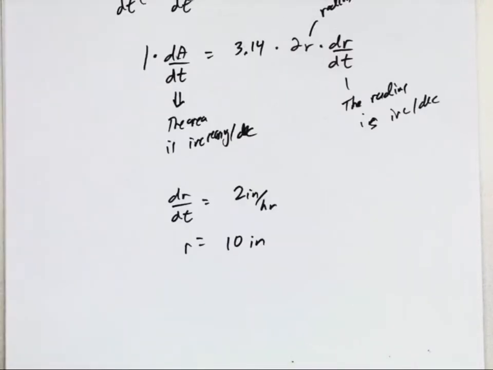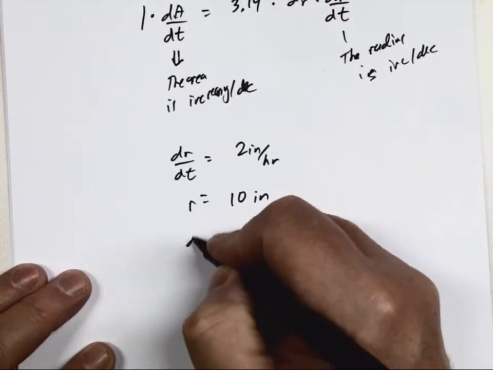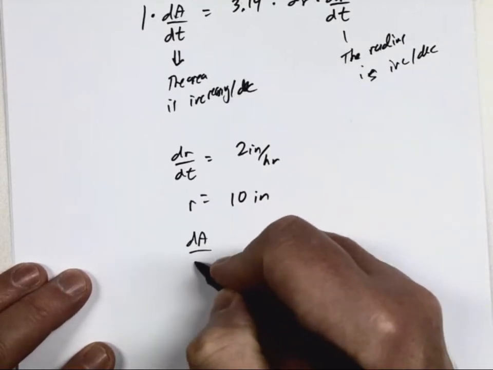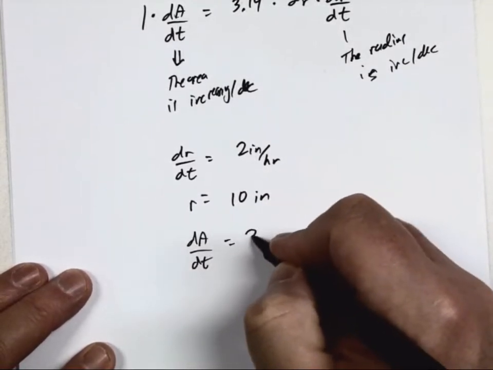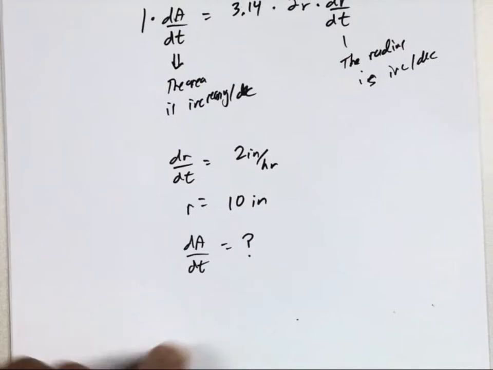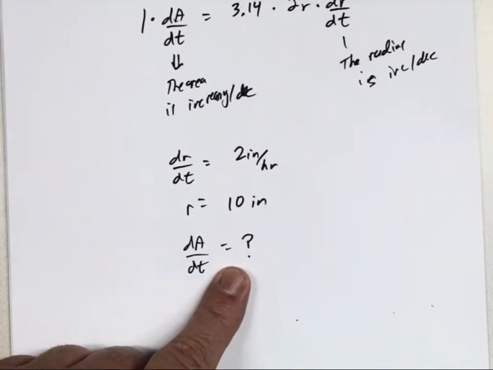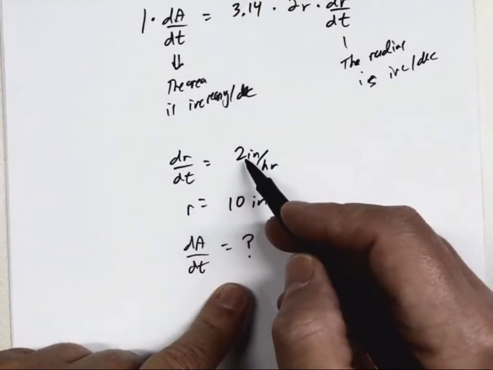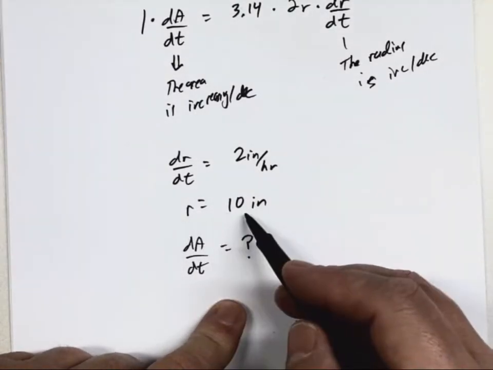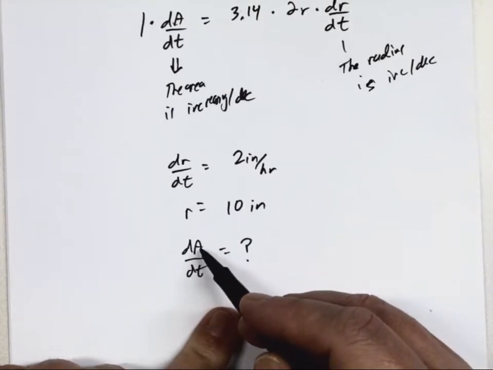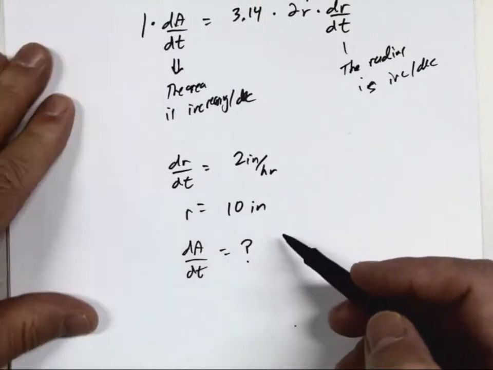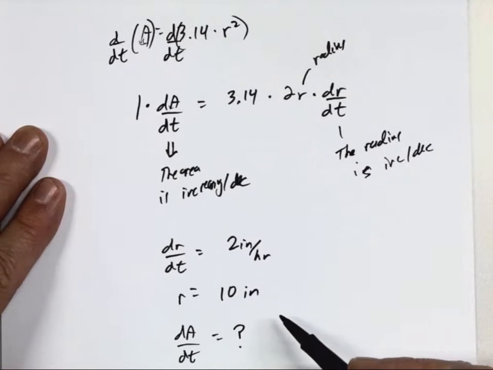So when the radius is at 10 inches, what is the rate that the area is increasing? Well, the area is A, and the rate it's increasing is dA/dt, and that's what we're trying to determine. So from the problem, they've given us a number for dr/dt, they've given us a number for r, and they're asking us to figure out dA/dt. And I look at my equation up here.